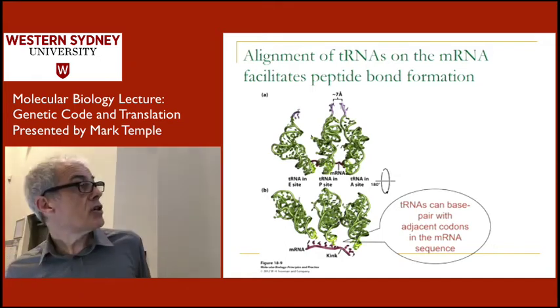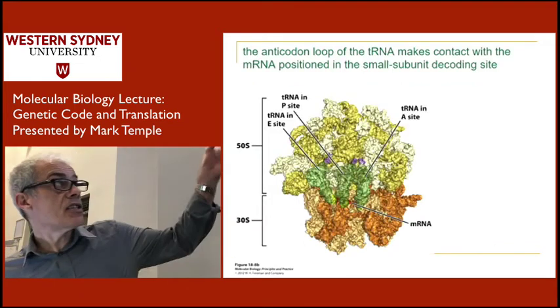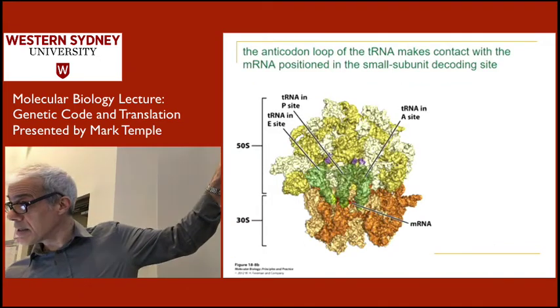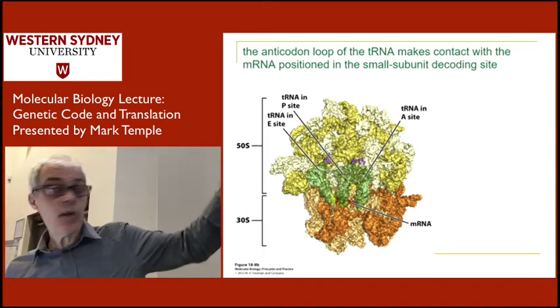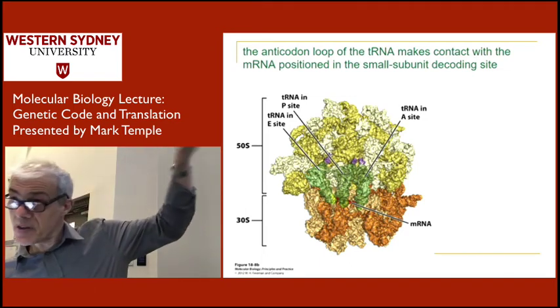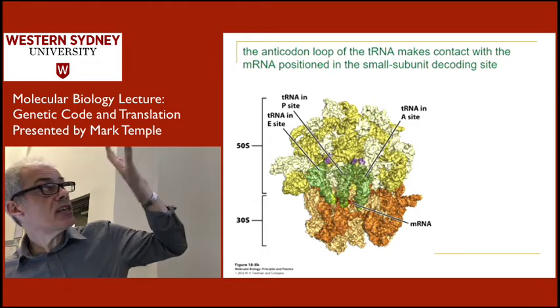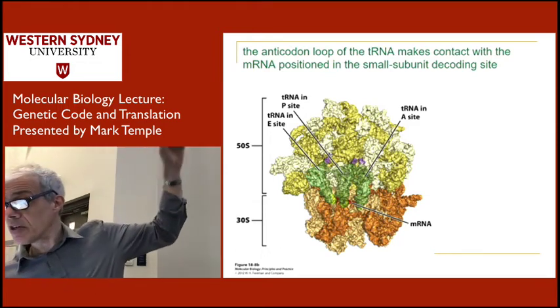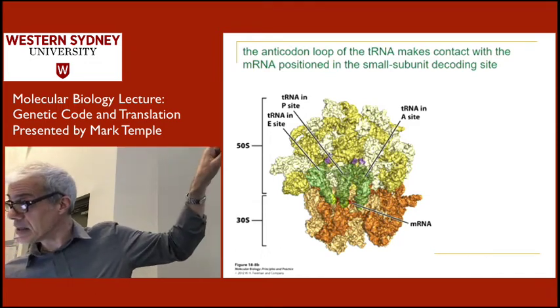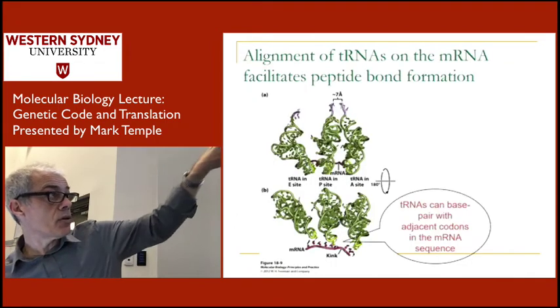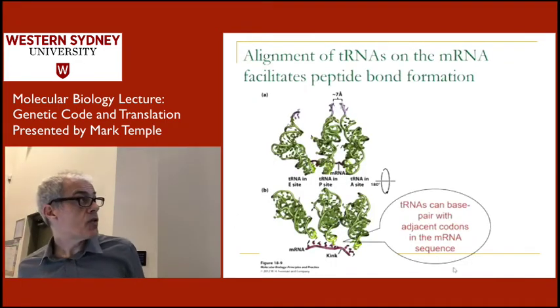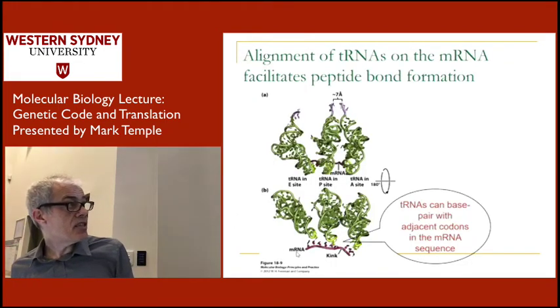So in the early slide I showed you the ribosome by itself without the transfer RNAs. Now we're showing the ribosome with the transfer RNAs, and now we're going to take away the ribosome and just look at the transfer RNAs and the messenger RNA. So within that molecule, this is the structure we see. We see the messenger RNA inside the small subunit, and the messenger RNA is wound or bent to give this structure here.